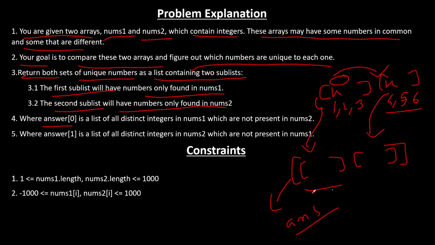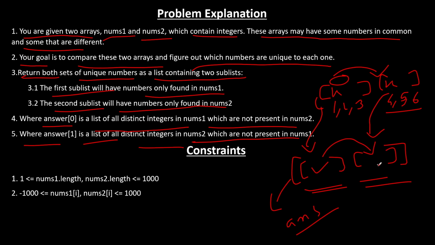Answer of zero means the list of all distinct integers in nums1 which are not present in nums2, and answer of one is a list of all distinct integers in nums2 which are not present in nums1. So this sublist contains distinct elements which are not present in the other sublist, and vice versa.